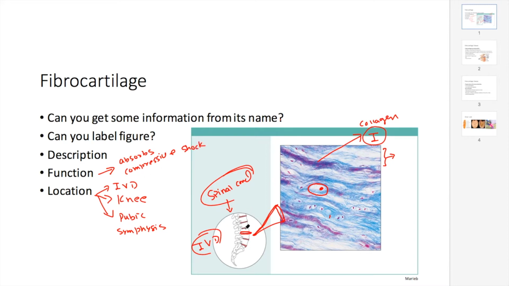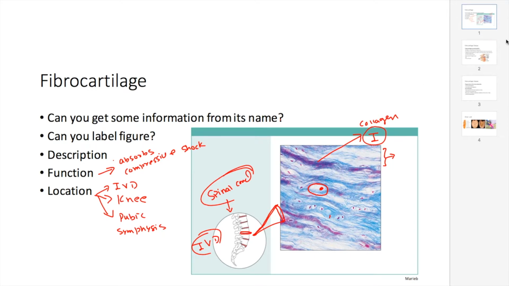It is found in the vertebral disc because this is a tough type of fibrocartilage, and when you are carrying a heavy load, it allows you to absorb that overload. That's why fibrocartilage is important in the vertebral column. So from this slide, what you need to know is the general structure, the function, and the location.